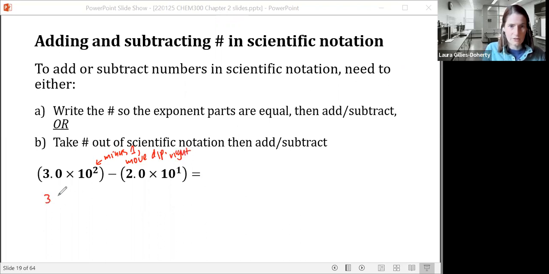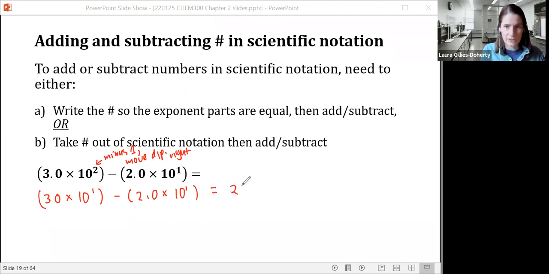So we'd get 30 times 10 to the 1 minus 2.0 times 10 to the 1. 30 minus 2 equals 28 times 10 to the 1. This isn't written properly in scientific notation. We have 2 digits to the left of our decimal point here. So we need to move this over and add 1. So we get 2.8 times 10 to the 2.